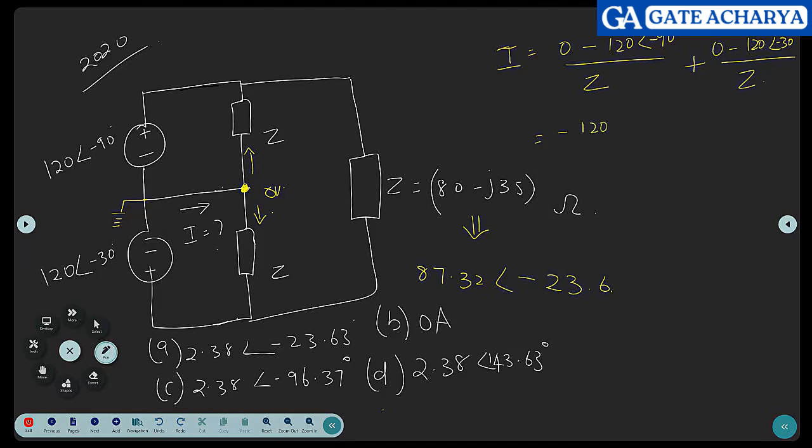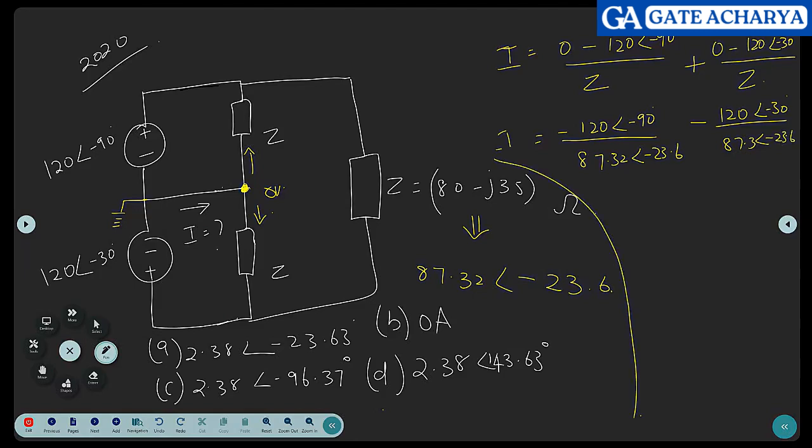Minus 120 minus 90 divided by 87.32 minus 23.6. Minus 120 minus 30, 87.3 minus 23.6. So what do you do here? Magnitude you can cancel. How much will you get? 120 by 87.3.